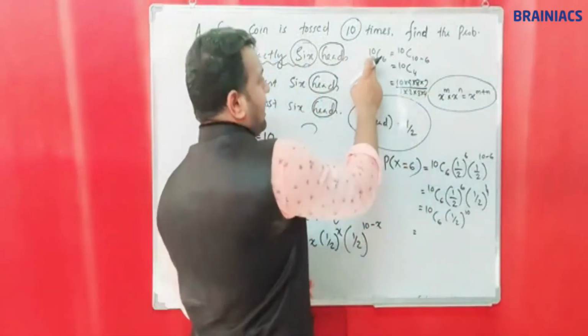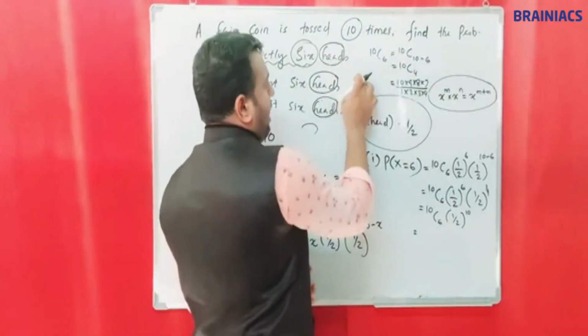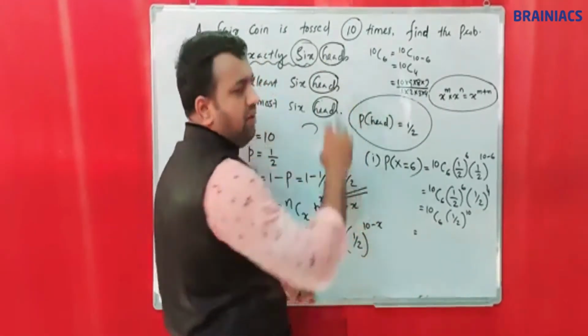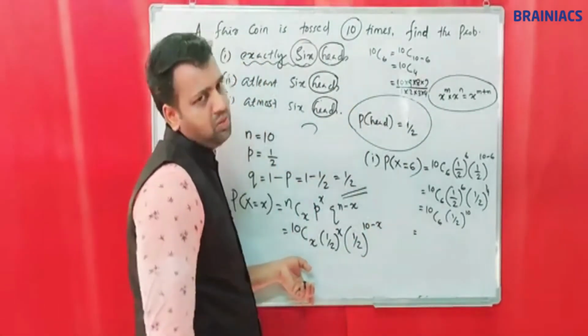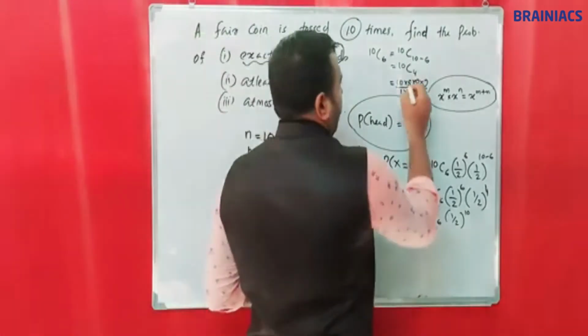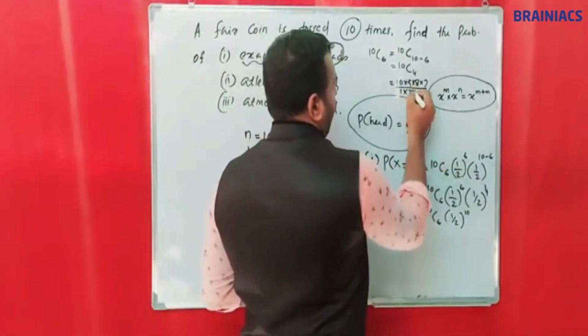Or 10C6 can be written as 10 into 9 into 8 into 7 into 6 into 5 divided by 1 into 2 into 3 into 4 into 5 into 6. In both cases we get the same value.